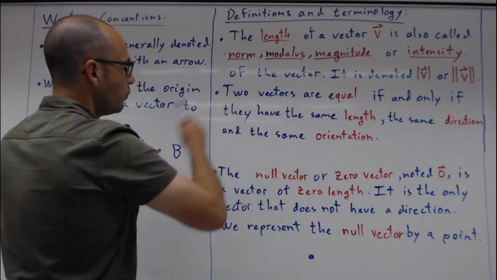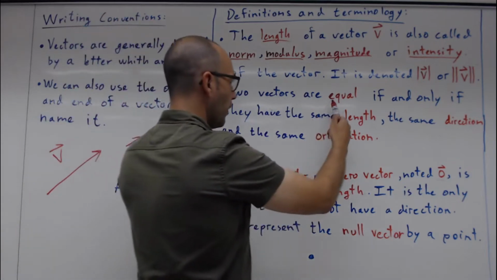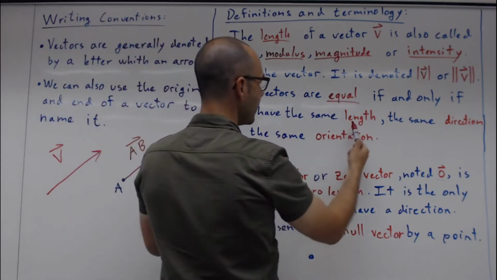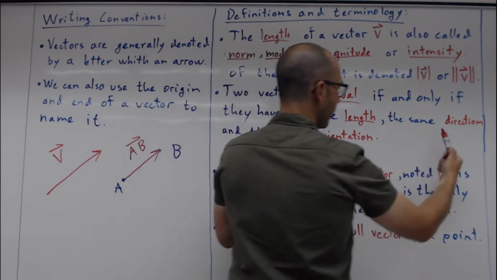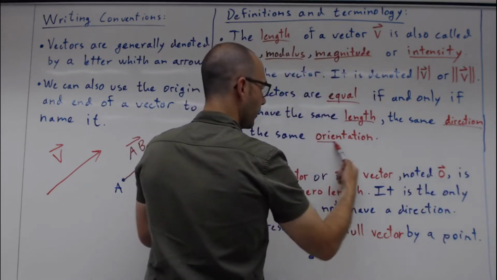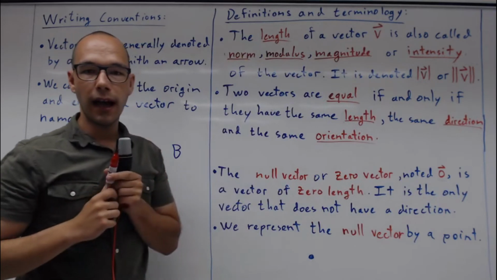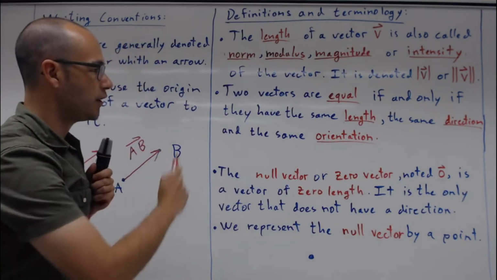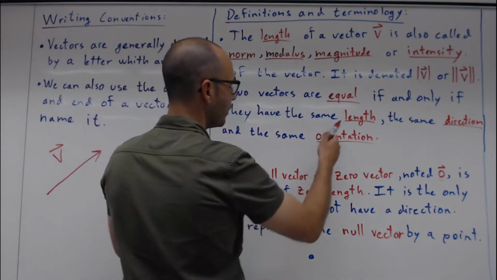Now, two vectors are equal if and only if they have the same length, direction, and orientation. We have to have the same three basic definitions of the vector that are equal.